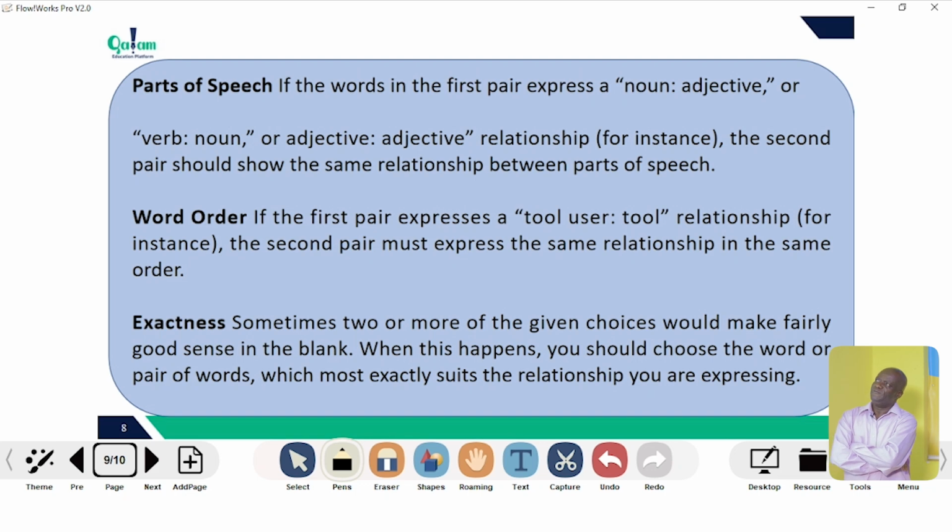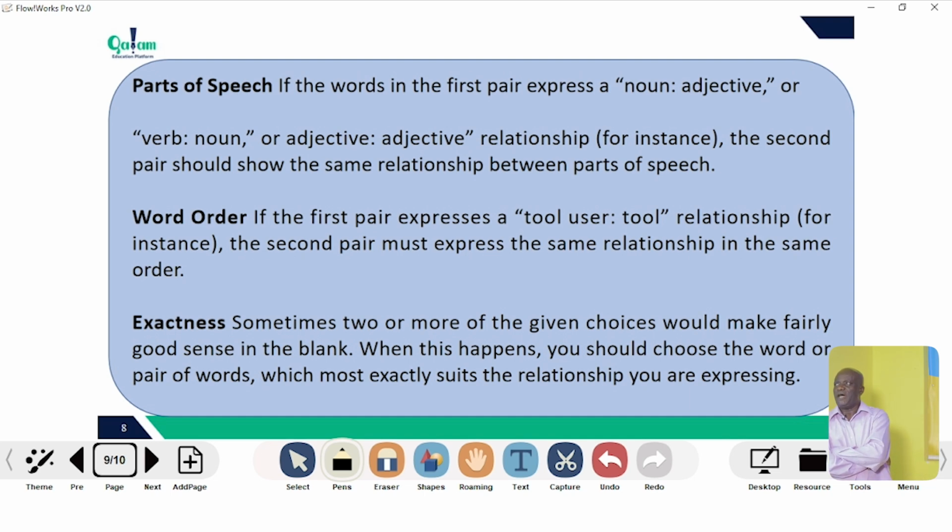If the words in the first pair expresses a noun, adjective, or verb, yeah, noun, adjective, verb, relationship, for instance, that is, for example, the second pair should show the same relationship between parts of speech.